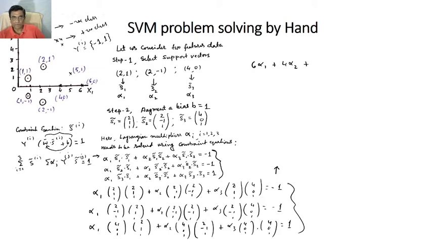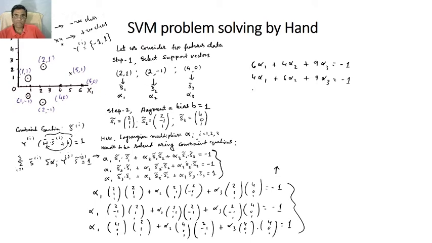Then for the dot product, 2 fours are 8, 0, plus 1, 9, so 9 alpha 3 equals minus 1. So similarly, 4 alpha 1 plus 6 alpha 2 plus 9 alpha 3 equals minus 1.